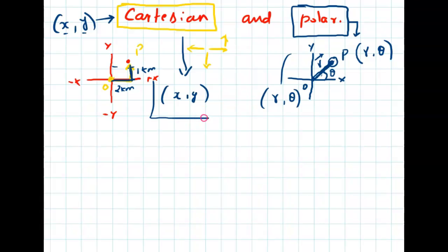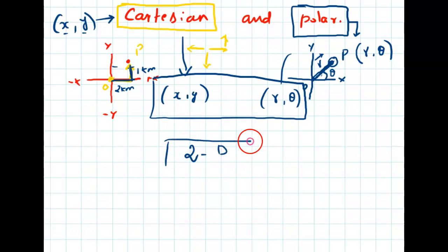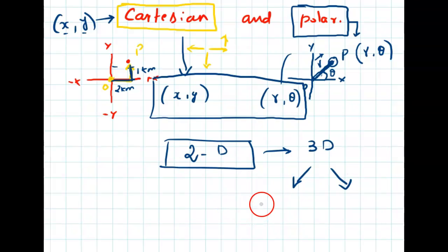This is the basic information for the two different coordinate systems for 2 dimension. Here we are discussing 2 dimension. If we know this better, then using this concept we can go further to learn 3D, as well as another coordinate system known as the cylindrical and spherical coordinate system, which we will be learning.